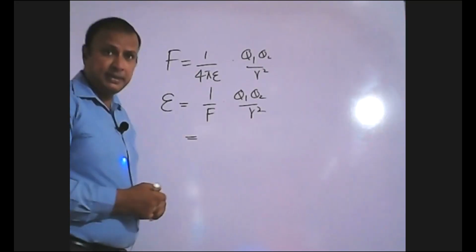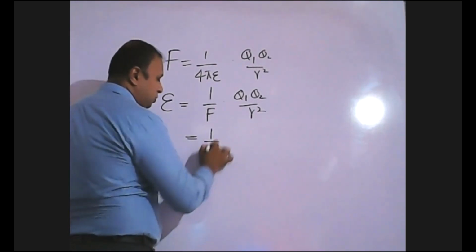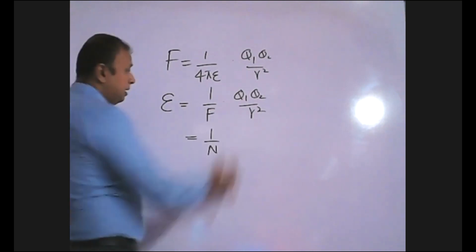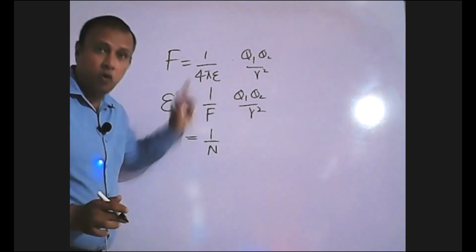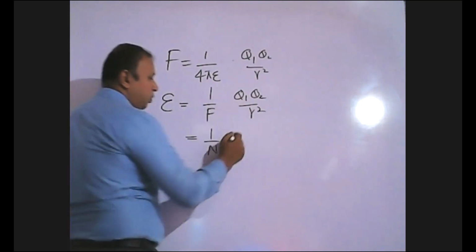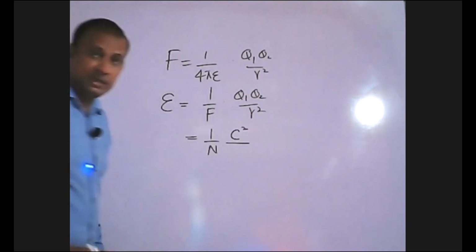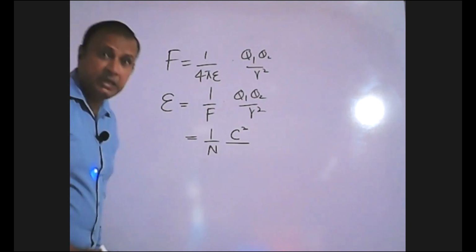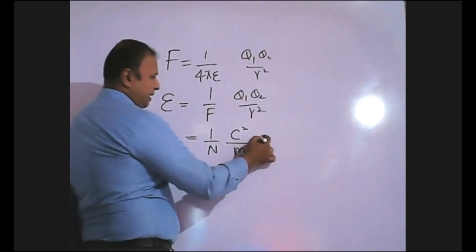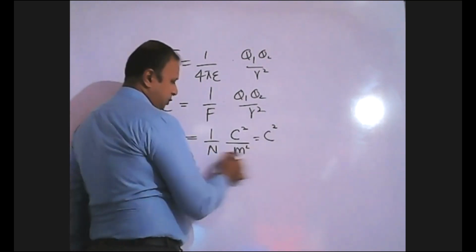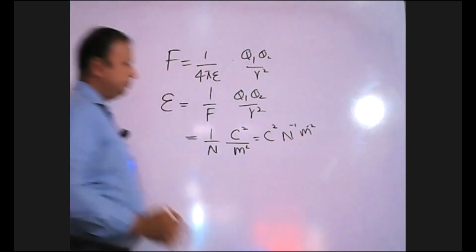Now I can replace these by their units. Force is measured by Newton, so I replace F by N. Charge is measured by Coulomb, so Coulomb squared. R is a distance, so meter squared. So my answer is C squared N^-1 m^-2.